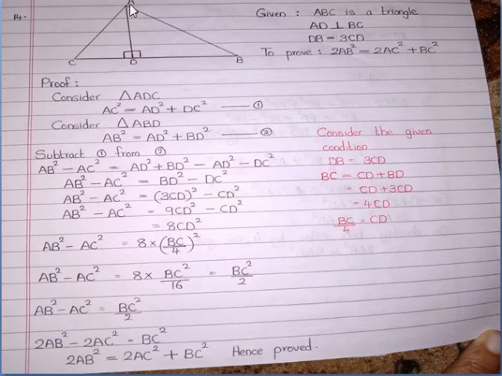Then if you are considering ADB, you have AB square is equal to AD square plus BD square. You have a given condition here: DB is equal to 3CD. I'll show you in another figure.